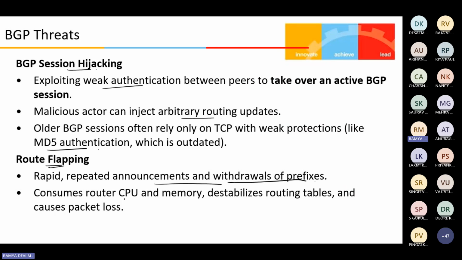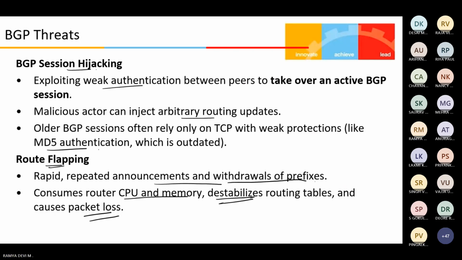High CPU and memory usage will happen on the routers due to constant recalculation at the router side, and routing instability will happen. It delays convergence, and packet loss together with jitter will affect the end users. This is the problem that happens due to route flapping.